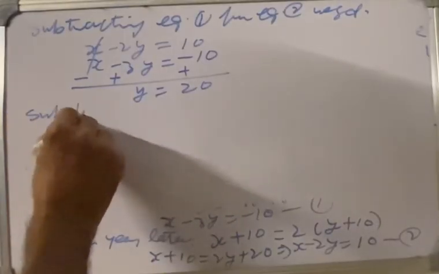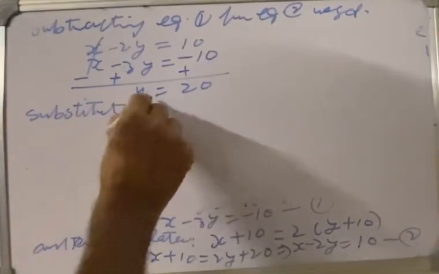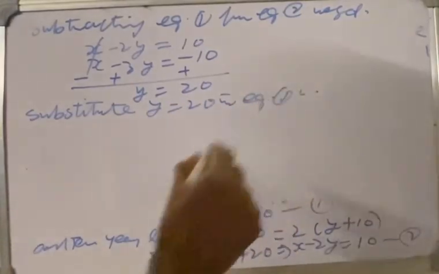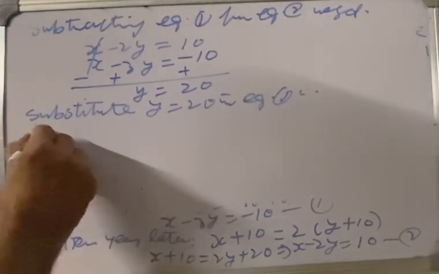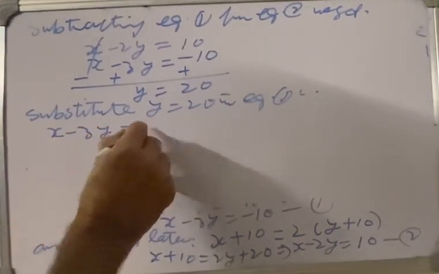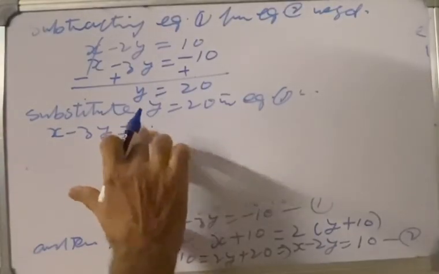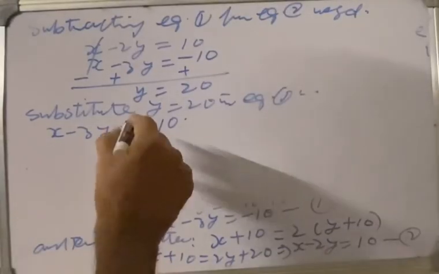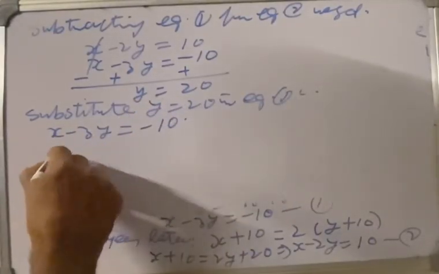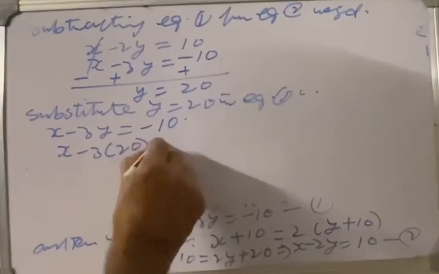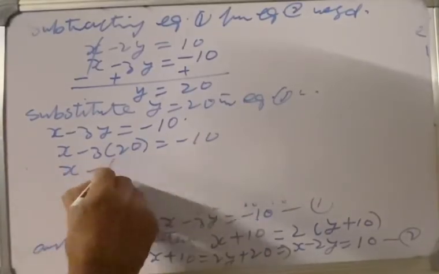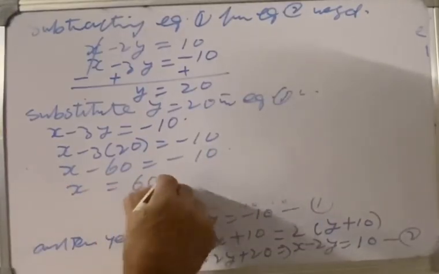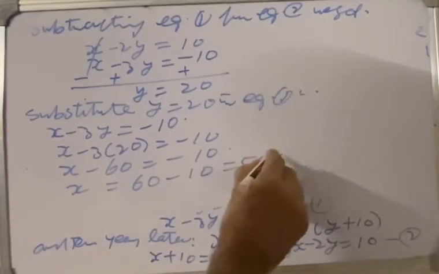Substitute y is equal to 20 in equation 1. From the first equation, x minus 3y is equal to minus 10. Then x minus 3 into 20 is equal to minus 10. x minus 60 is equal to minus 10. x is equal to 60 minus 10, which is 50.